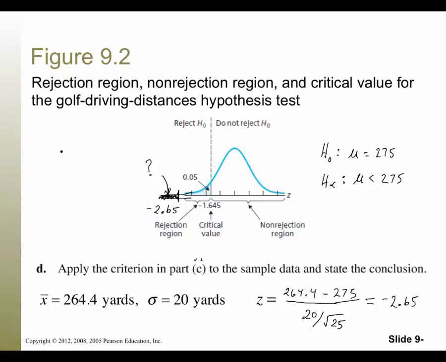So 0.4%. So from the table, you get 0.004. That's 0.4%. This was 5%.